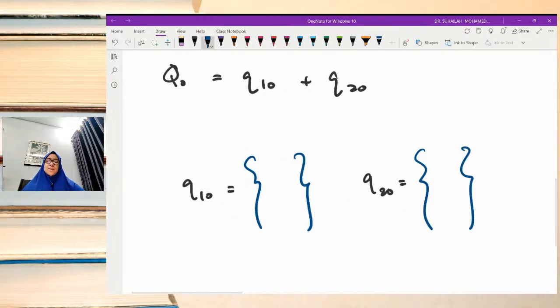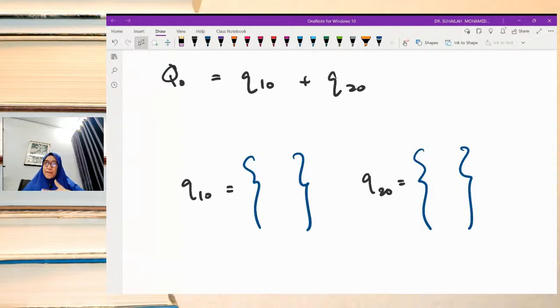Okay, this is actually special for beam and frame whenever the member has load on top of it. Basically Q naught for beam and for frame comes from the loading subjected on the member.